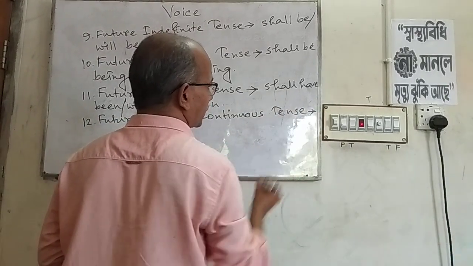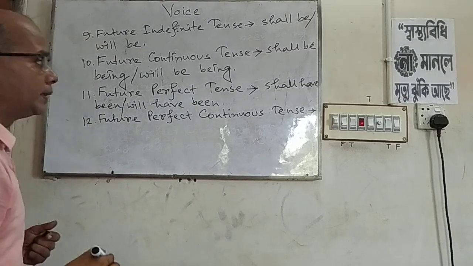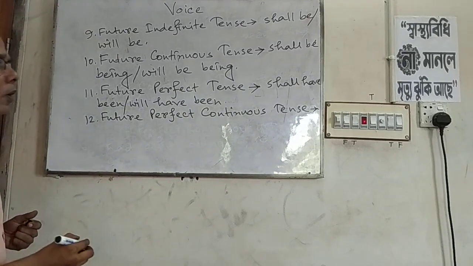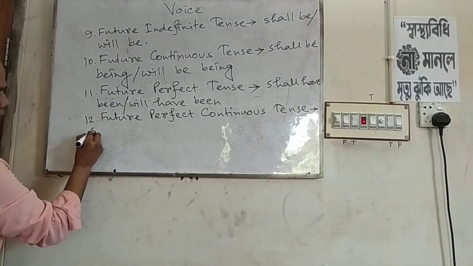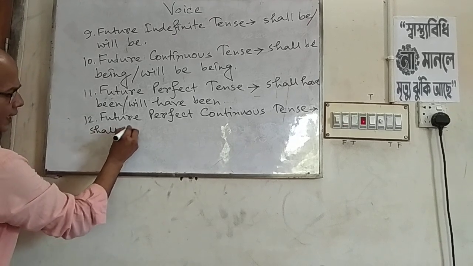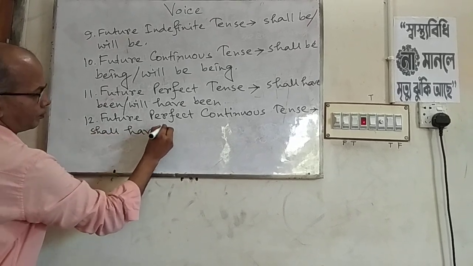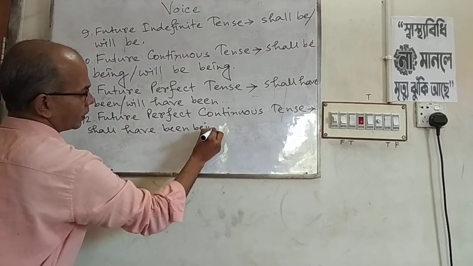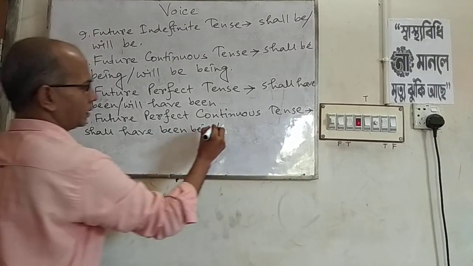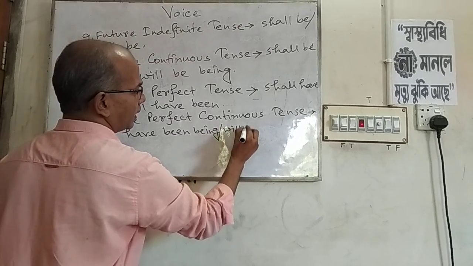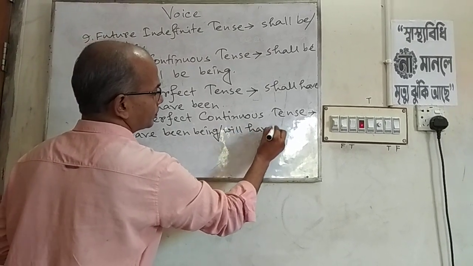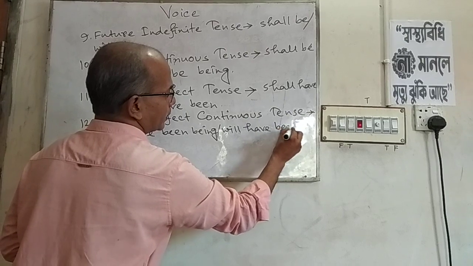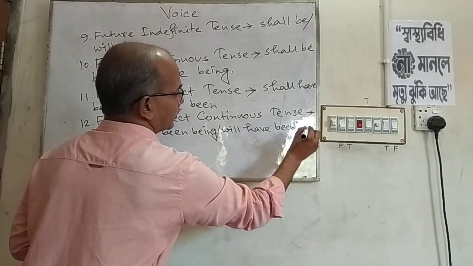And in this case, auxiliary verbs are shall have been being, will have been being.